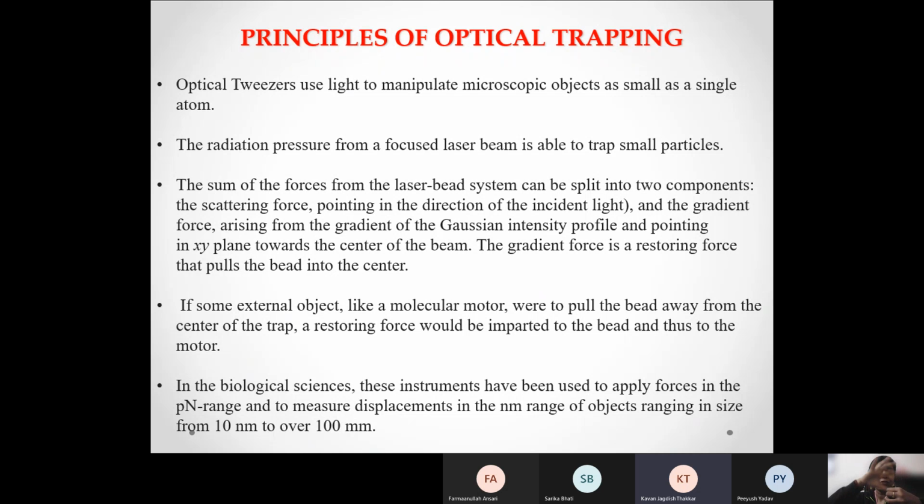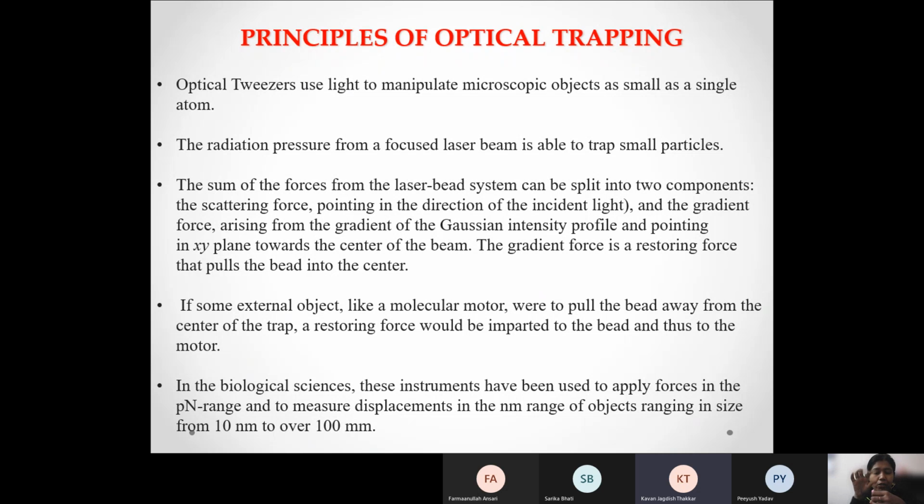Because now you have changed the Gaussian intensity profile that was falling on this bead. So you've changed the way the electromagnetic forces were acting on this bead. You've changed the way the scattering forces are now going to be acting on this bead. And everything together would try to restore the position of this bead back to the center of this laser spot.